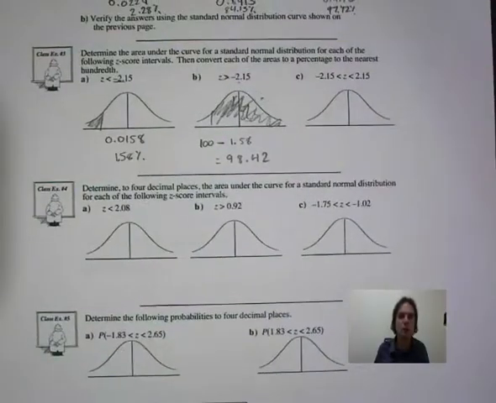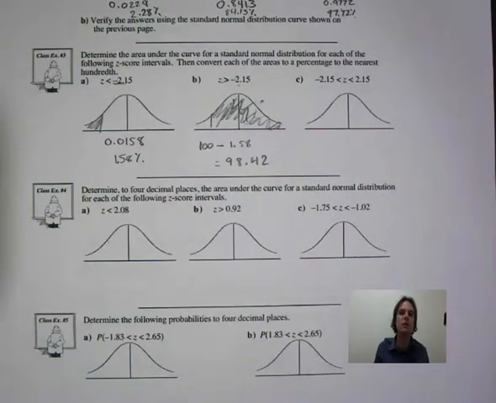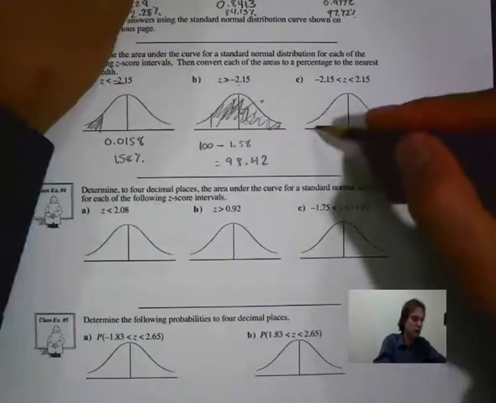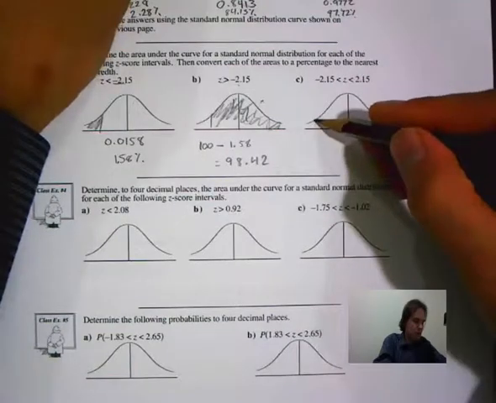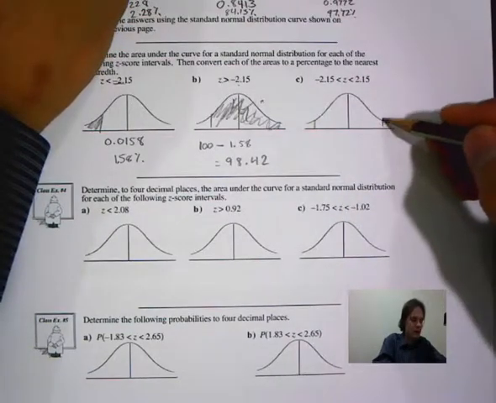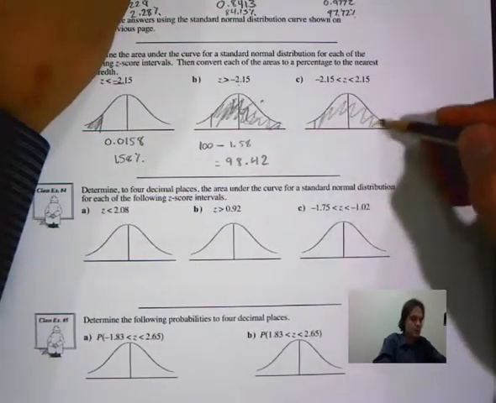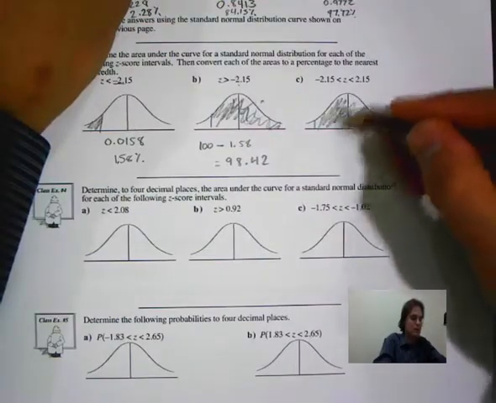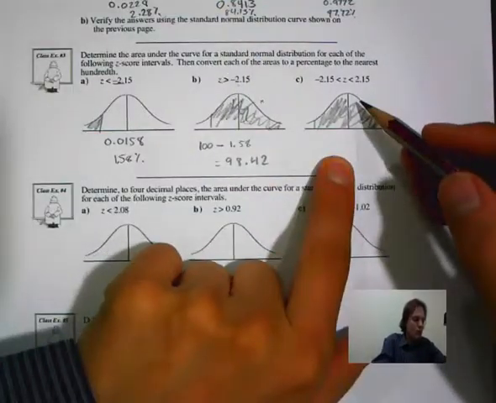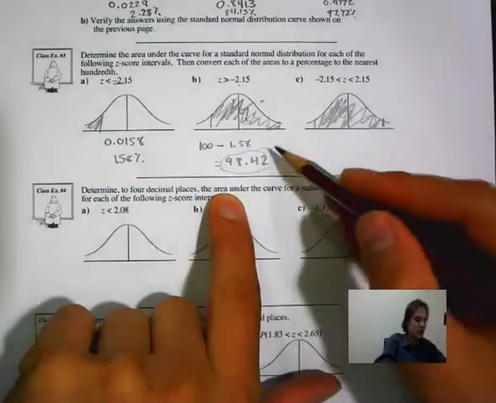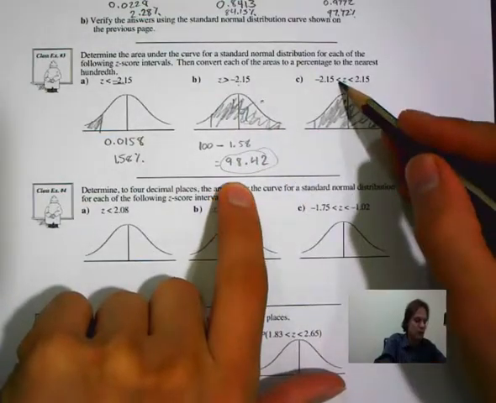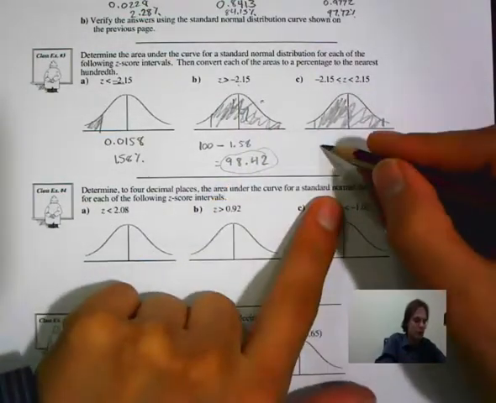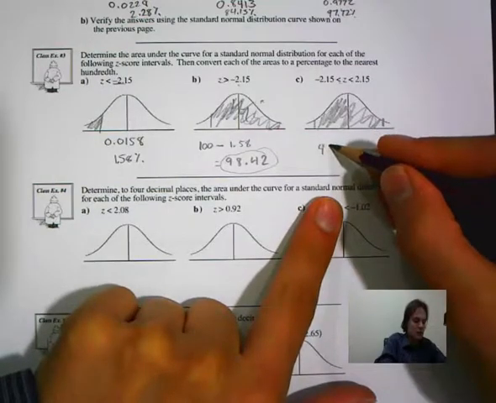The next one wants between negative 2.15 and 2.15. So we want between here and here. Okay, that's interesting. So we know everything where z is bigger is 98%.